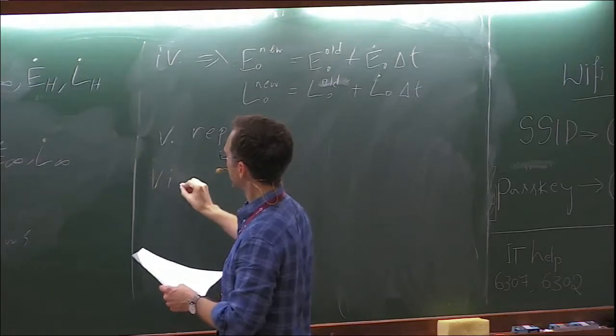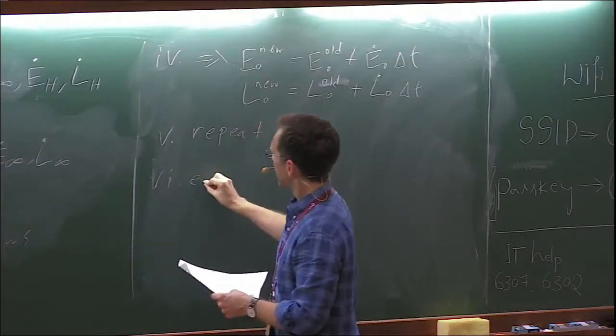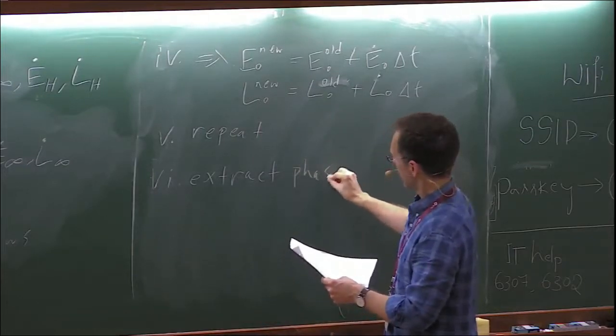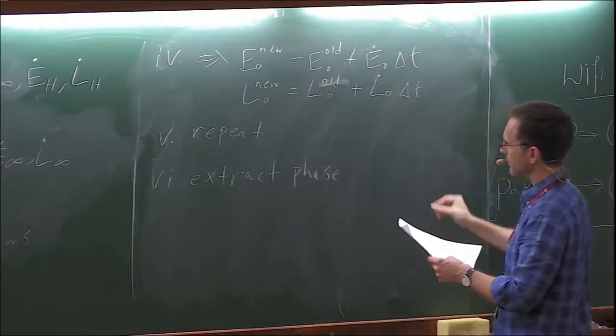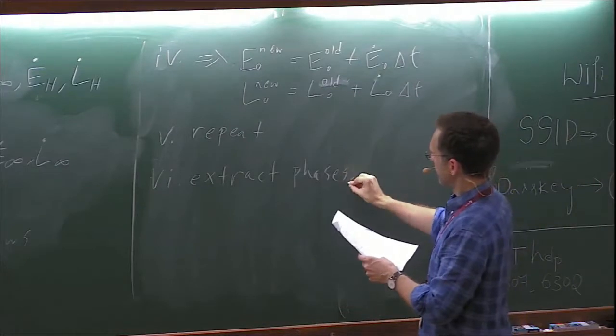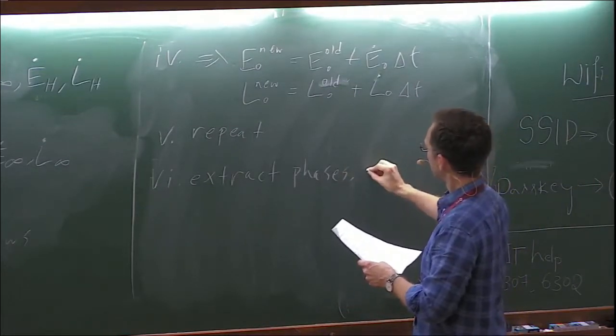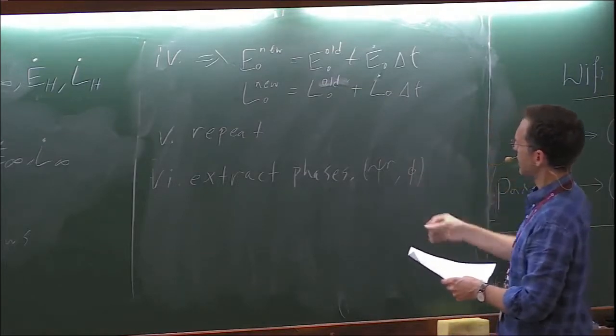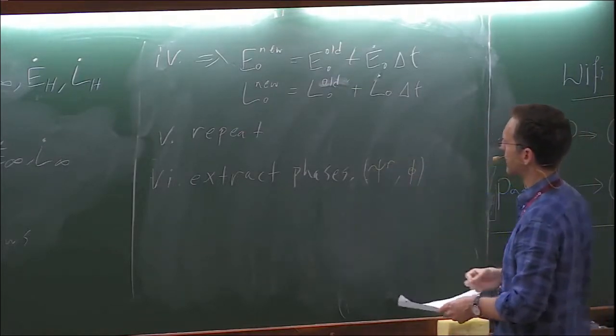And then finally, at the end of the day, you extract the phases, or the phase. So here the phases are the radial phase and just the azimuthal angle.